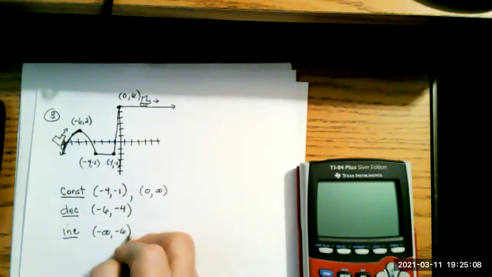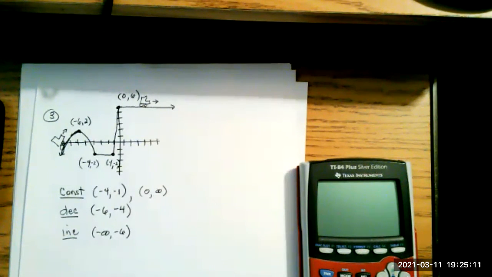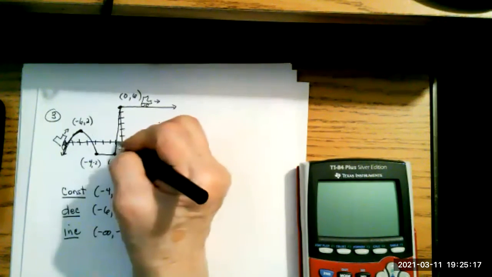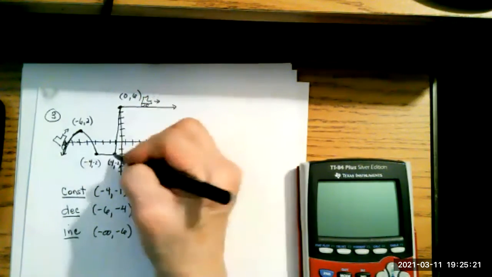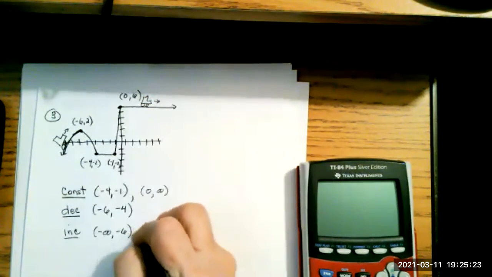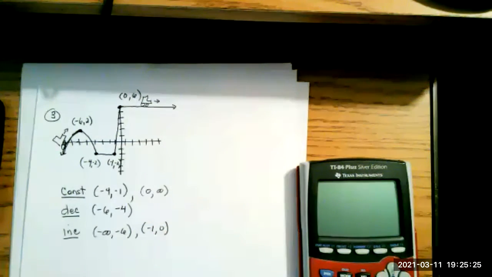But would you still do -1 to 0? Here's -1 to 0. That is increasing. Yeah, that's right. Okay. Is that what you said at first? Yeah, I thought you said I was wrong, so I was confused.